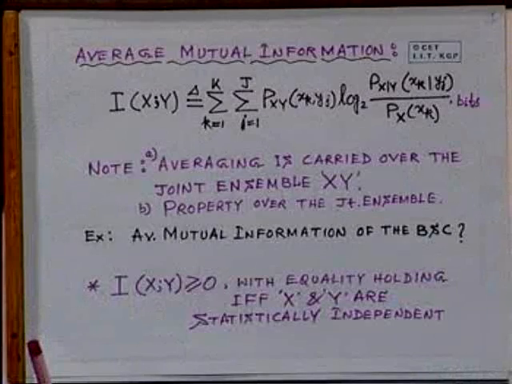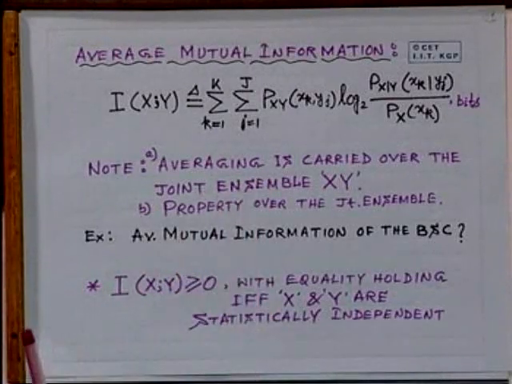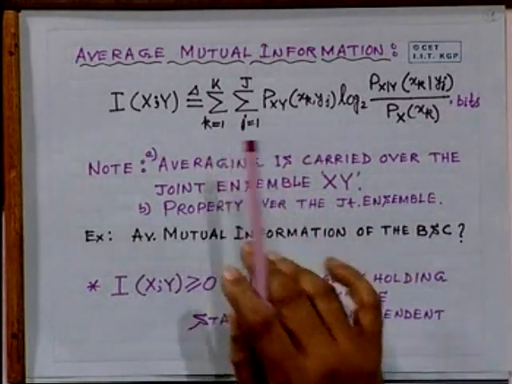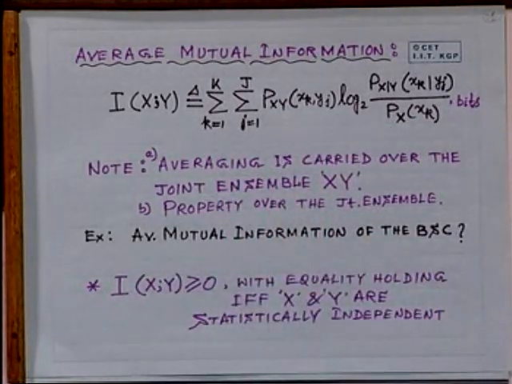It is not just a summation of all the mutual information, and the weightage is by what kind of probability? Joint probability, is it not? And that is how we can say that yes, this is an averaging operation, a statistical averaging operation, averaged over the full statistical experiment, which is the joint ensemble really.